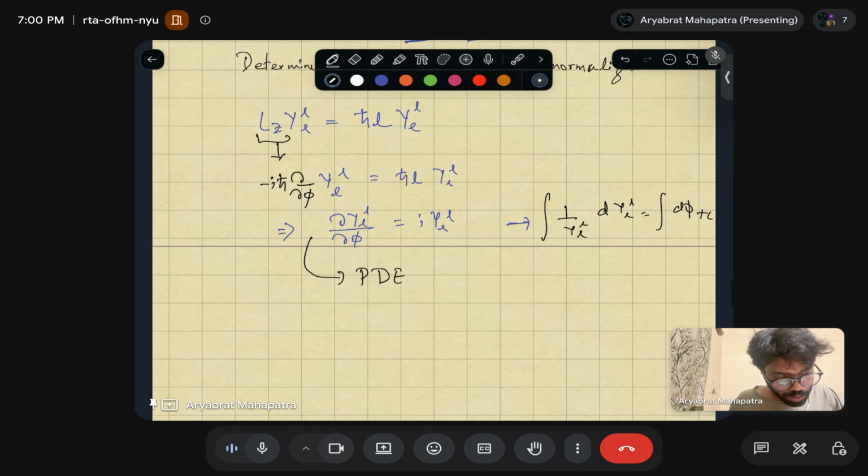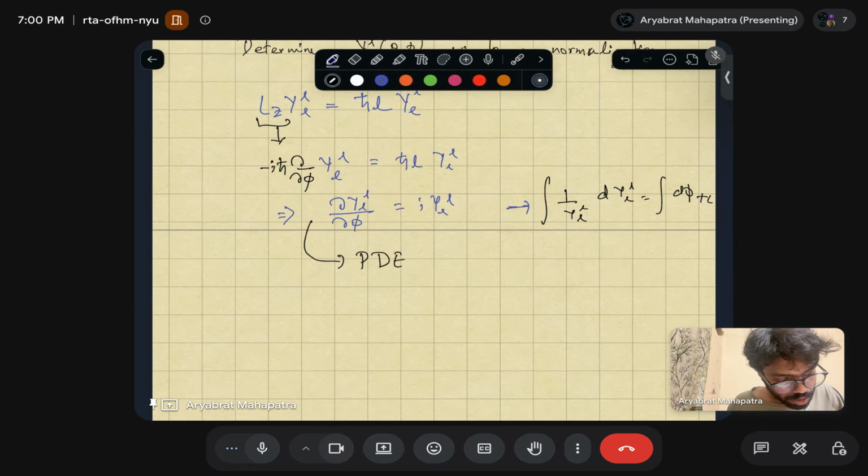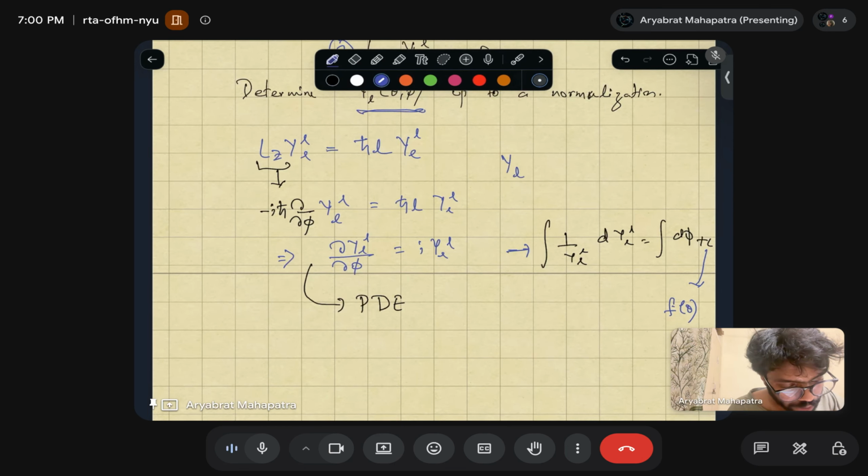So for a partial differential equation, the constant which you will have will be some function of theta. Because Y_l, as we said before, should be a function of both theta and phi together; some function of theta and phi forms this spherical harmonics.